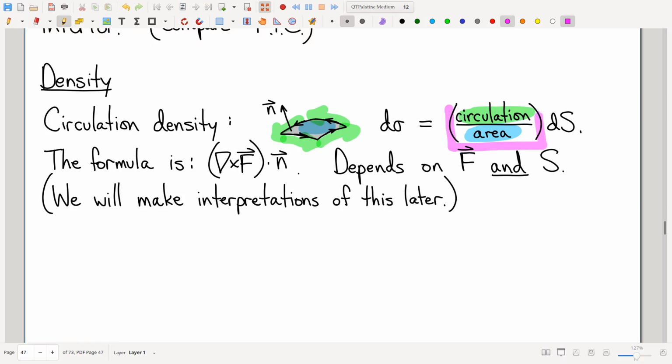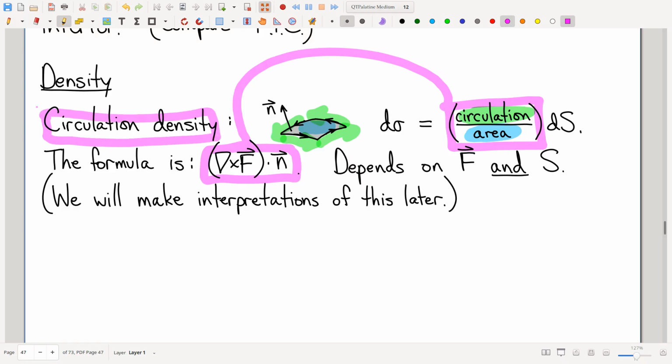And wouldn't it be nice if we had time to do so? But I'm just going to claim that this is the answer. This is what I'm going to call circulation density. It's curl dot n. So the unit normal vector matters. So this vector right here, how that piece of surface with its normal vector sits in space makes a difference. So that's why dot the normal vector appears in the equation there.